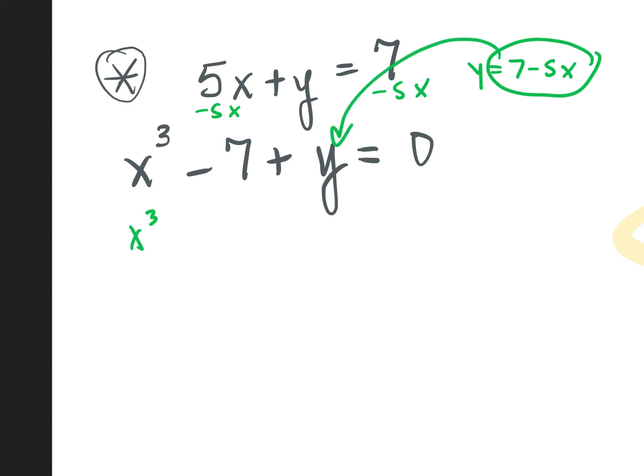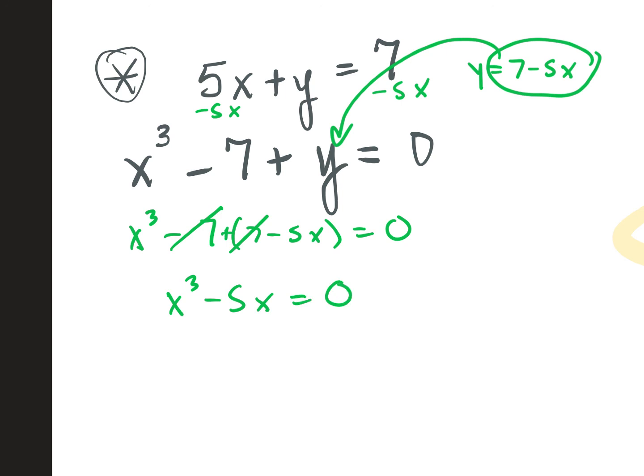So I have x cubed minus 7 plus 7 minus 5x is equal to 0. The 7's cancel because I have a negative 7 and a positive 7. X cubed minus 5x is equal to 0. So take out an x, I have x squared minus 5 is equal to 0.